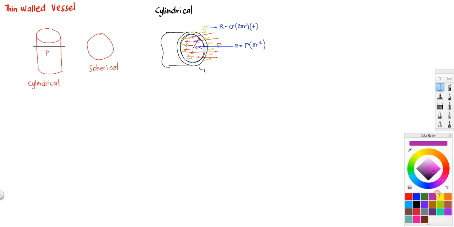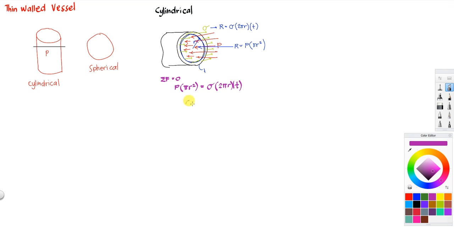Now, to have the equilibrium, we could have its summation. So summation natin ng forces equal to 0. We could say that P multiplied by pi r squared is also equal to sigma multiplied by 2 pi r, and then multiplied by T, or the thickness.